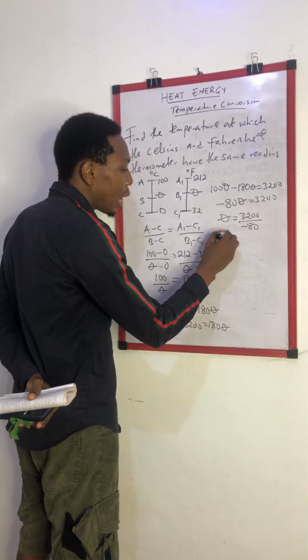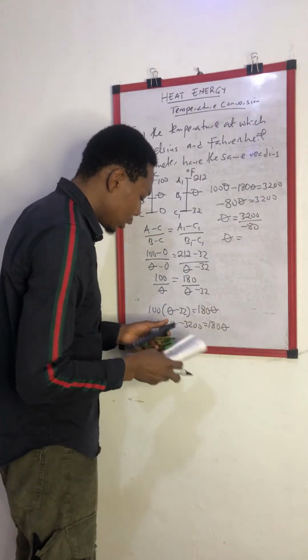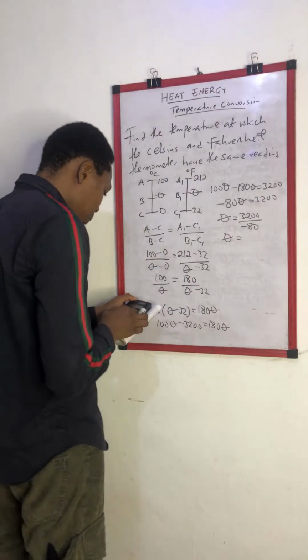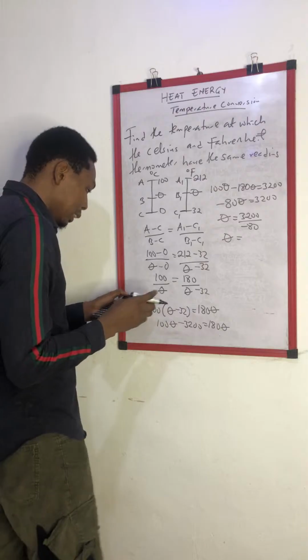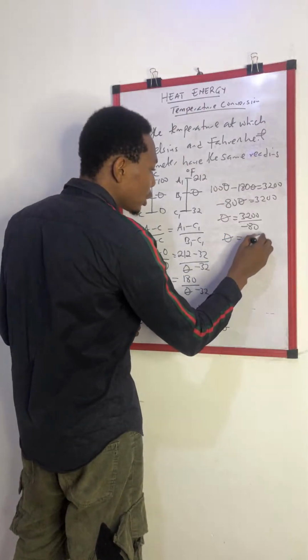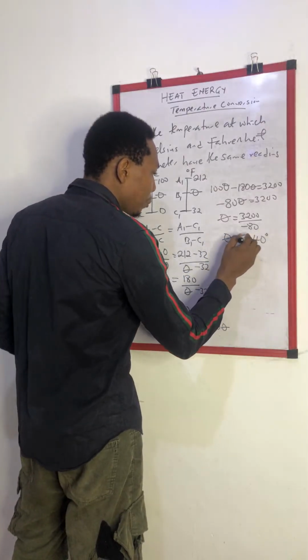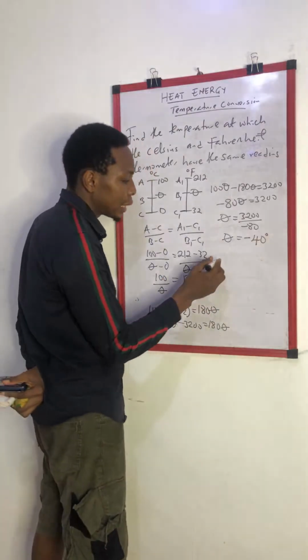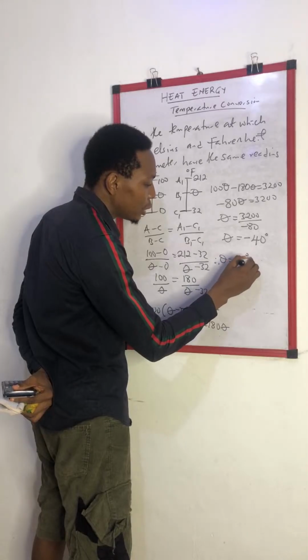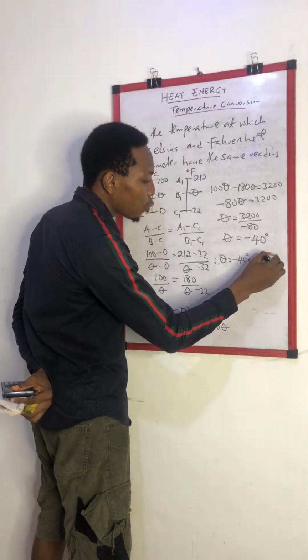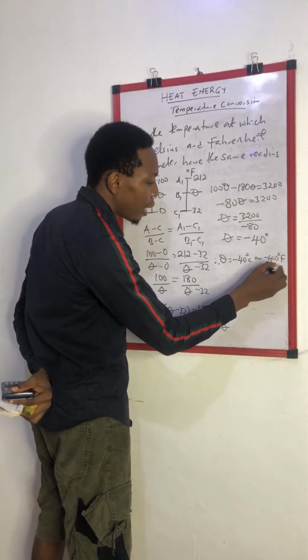So from there, our theta is going to give us 3200 divided by minus 80, which gives us minus 40 degree. Okay, it simply means that, therefore, our theta is sitting at minus 40 degrees Celsius or minus 40 degree Fahrenheit.